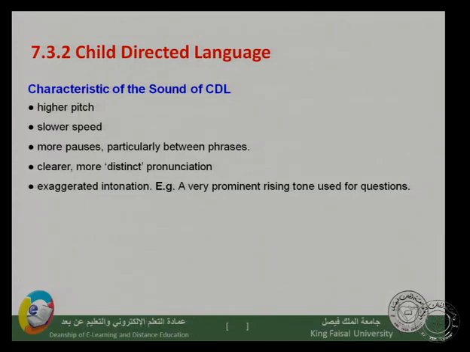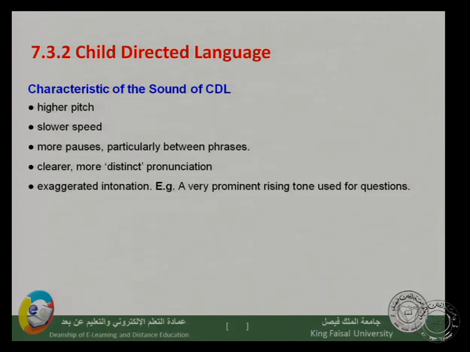And it is also noticeable that when we have a little conversation with younger children, we pause a lot. There are more pauses. We stop for a very short time in our speech, practically between phrases, practically between little clauses or small or simple sentences.